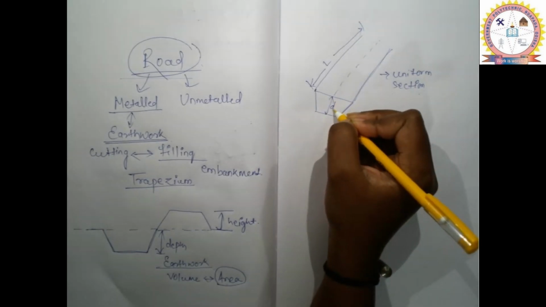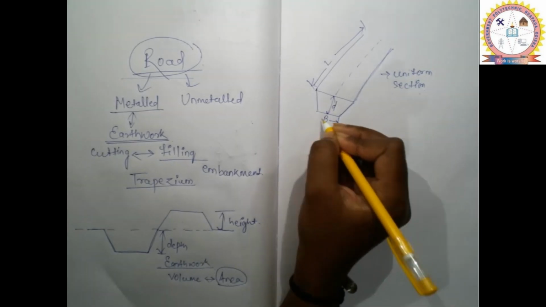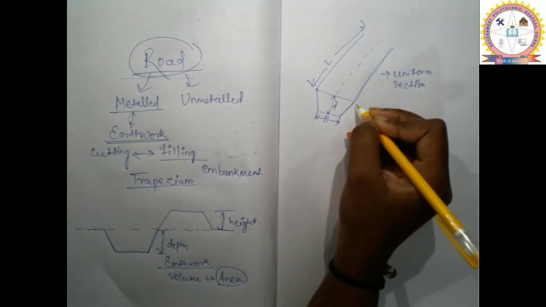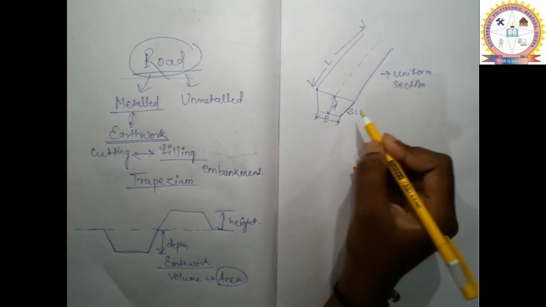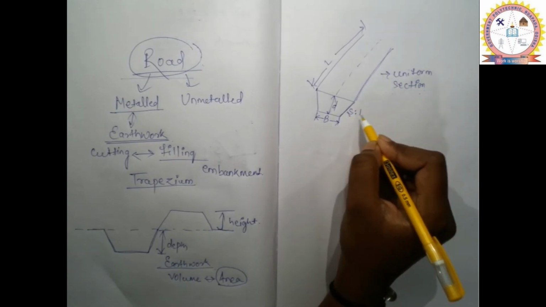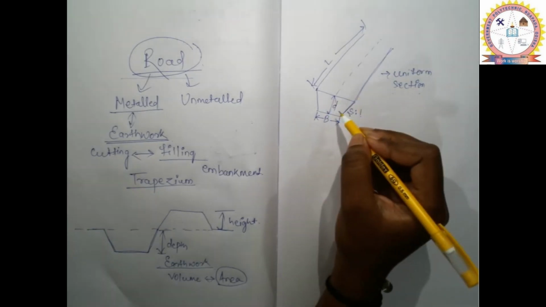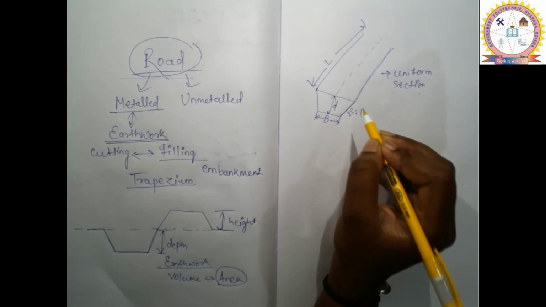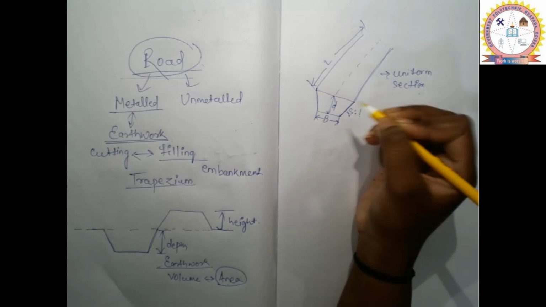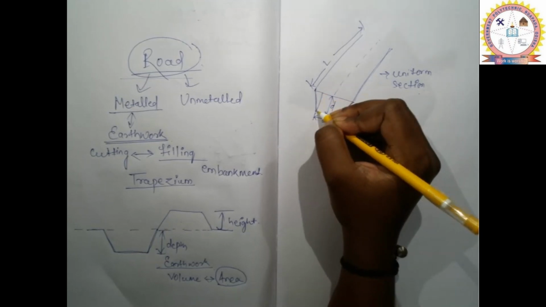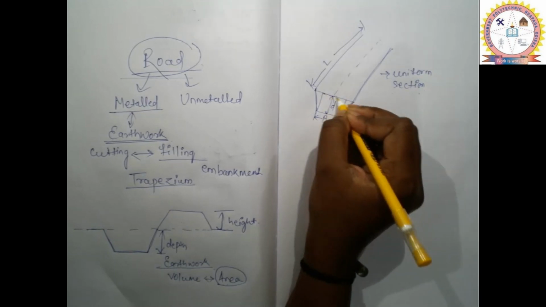Suppose this is the depth D, and it has a width at its bottom which is known as B, and has a slope which is known as S:1, where S is vertical to 1 horizontal. Here we can see that it has a slope, but if we consider this particular height, then the depth will be the same and this area will be the same.